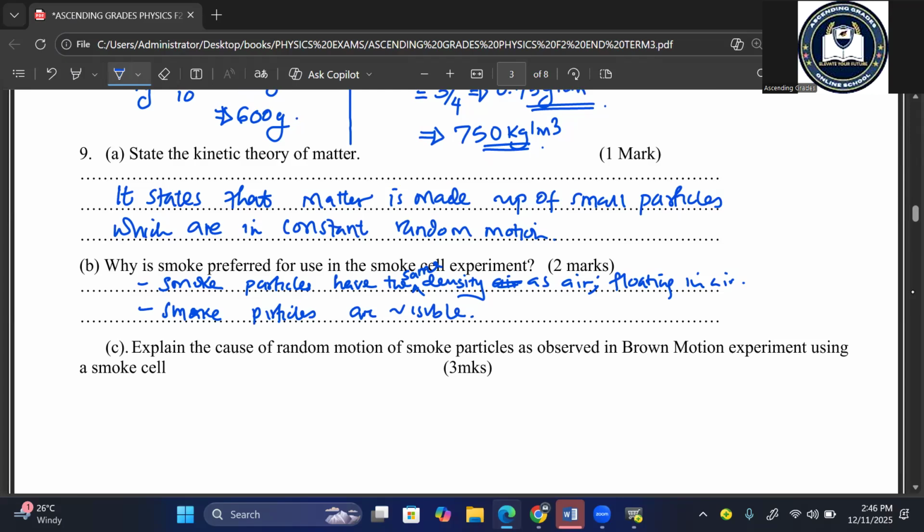C, explain the cause of random motion of smoke particles observed in Brownian motion using a smoke cell.